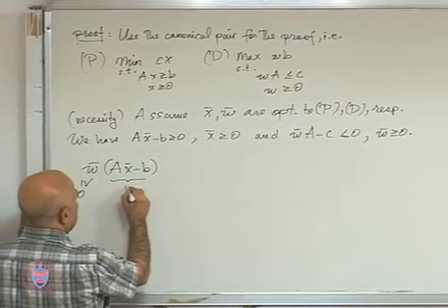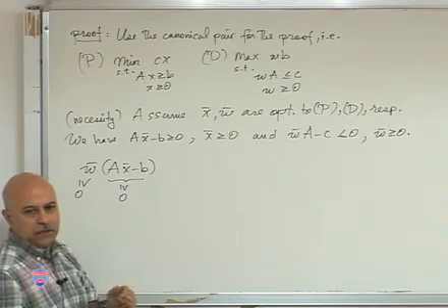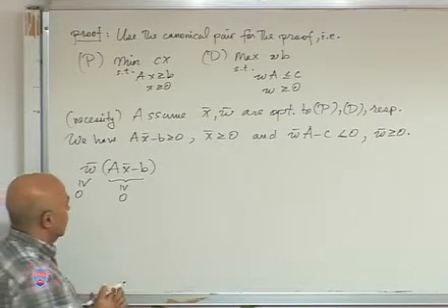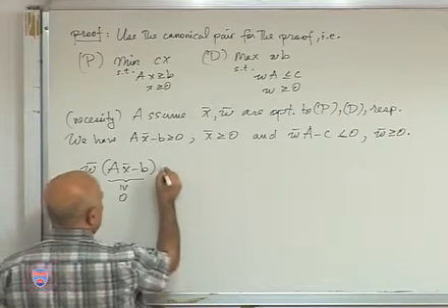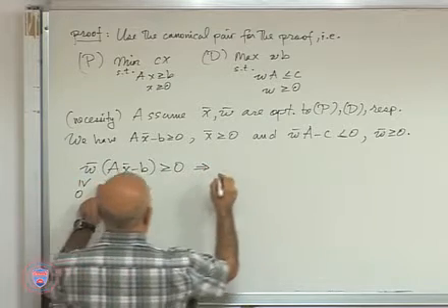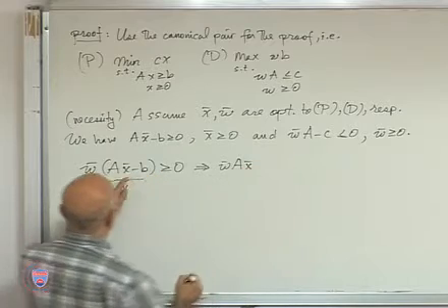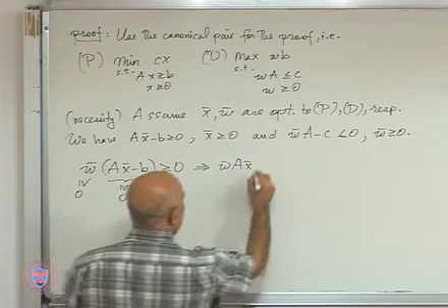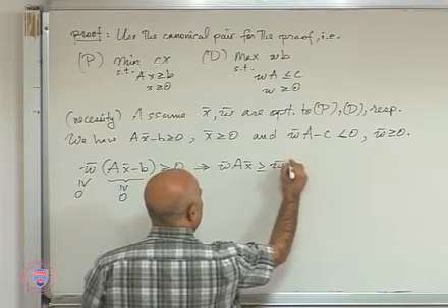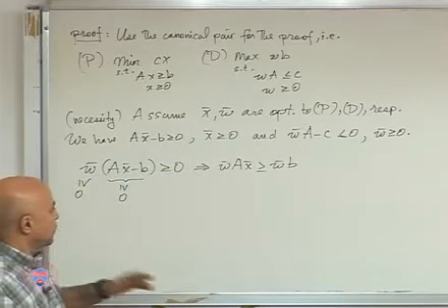This part is greater than or equal to 0. So the entire thing will be greater than or equal to 0. Which implies, of course, w bar Ax bar is greater than or equal to w bar B. That's what I have, just from the feasibility.